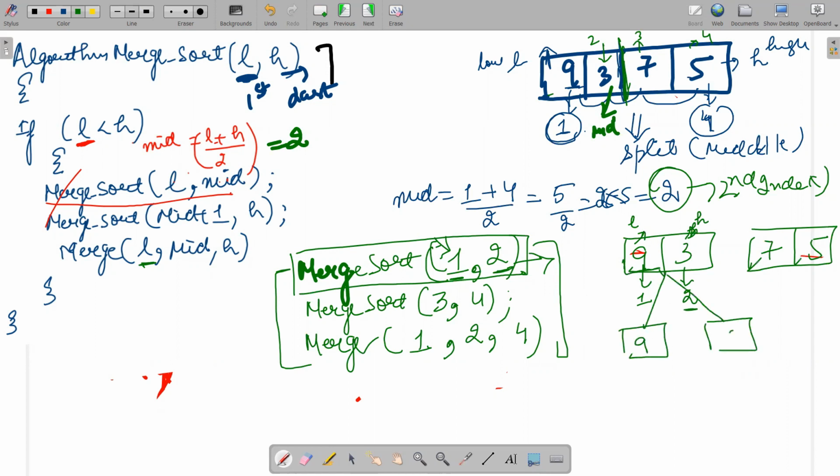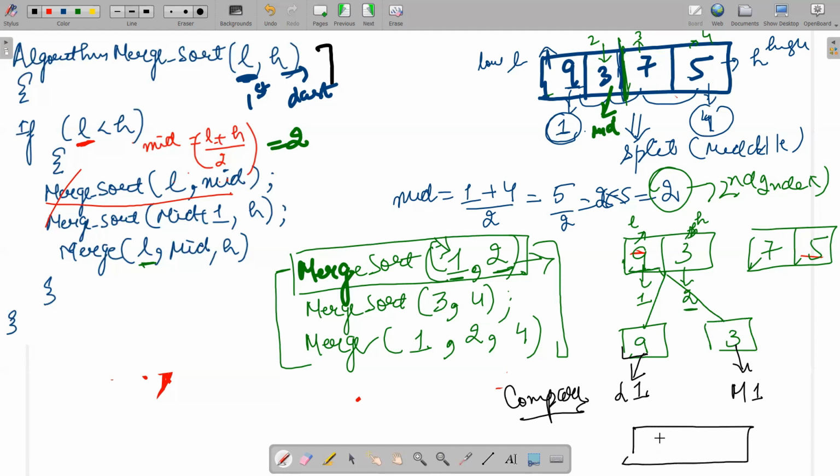Now, when this is done, we are going to place 9 in one array, let it be L1, and we are going to put 3 in another array, let it be M1. Then we are going to compare these arrays, and whichever is less will be merged into the entire solution.